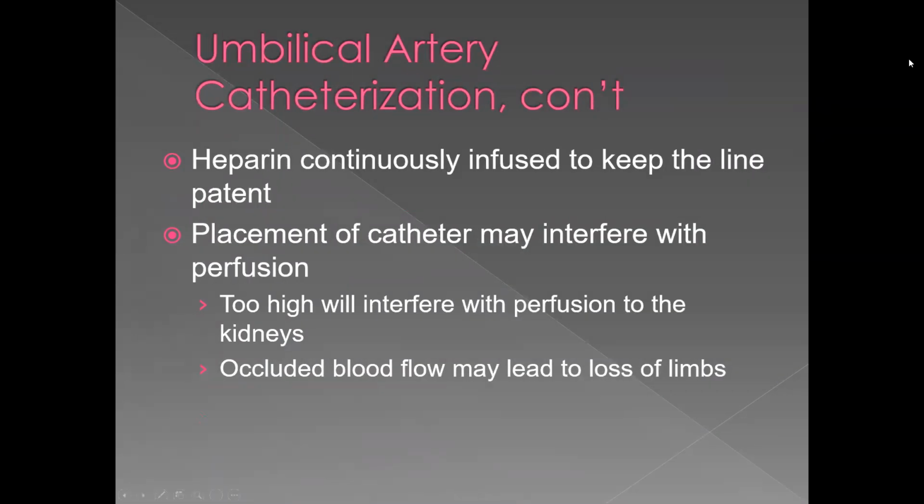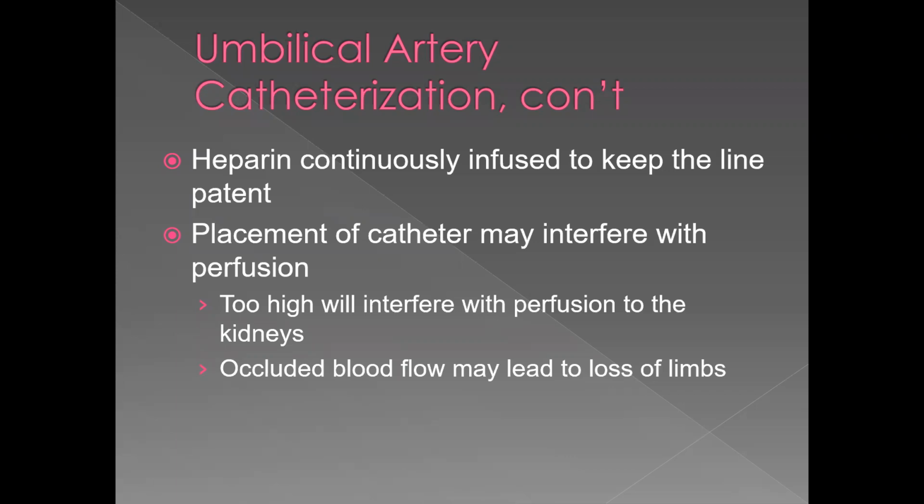In order to keep the line patent and prevent any blood clots from forming, there's heparin continuously being infused into the line. And placement of the catheter may interfere with perfusion. So when the catheter is placed, an abdominal X-ray has to be obtained to make sure that the catheter wasn't pushed up too high.